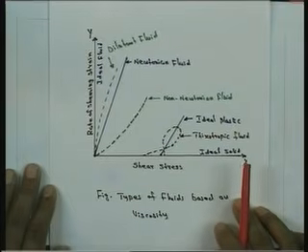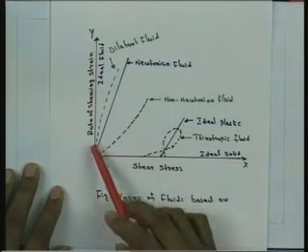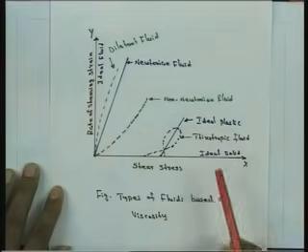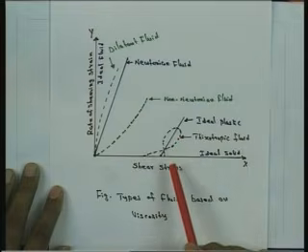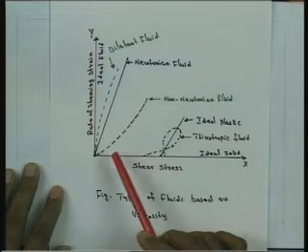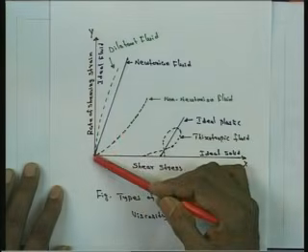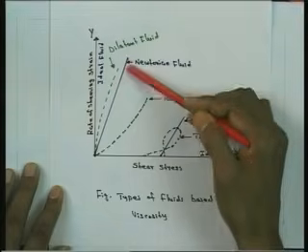The shear stress is plotted on the x axis, and the rate of shearing strain is plotted on the y axis. In this plot, if the shear stress varies linearly with respect to shearing strain, then we get a straight line like this, so that there is a linear variation.